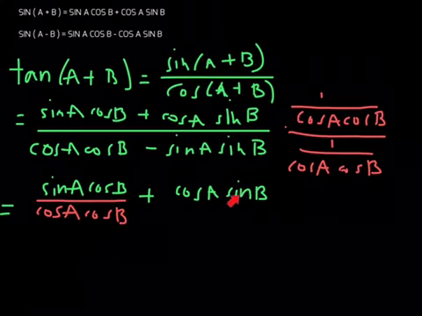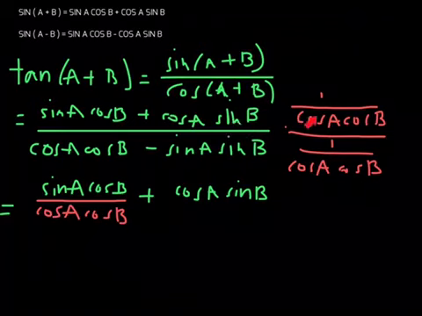But this term here is also being multiplied by 1 over cosine A cosine B. That's the same thing as saying this term is being divided by cosine A cosine B. Let me show you that.